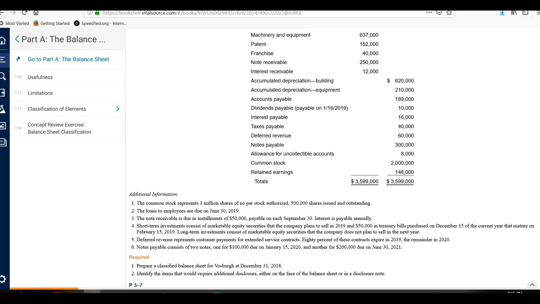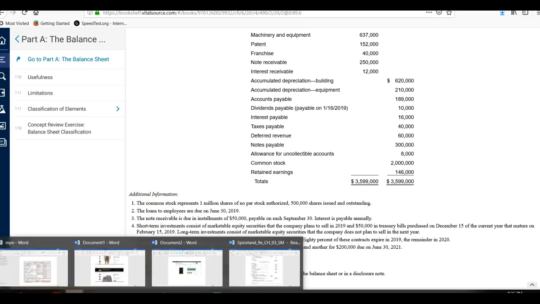Notes payable consists of 2 notes, one for $100,000 due on January 15th, 2020, and another for $200,000 due on June 30th, 2021. We're going to again prepare a classified balance sheet and then identify the items that would require additional disclosure.